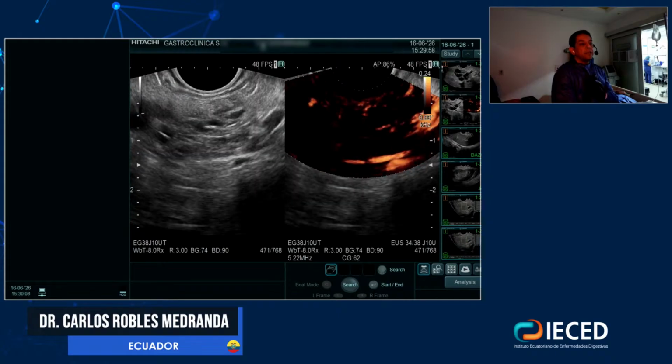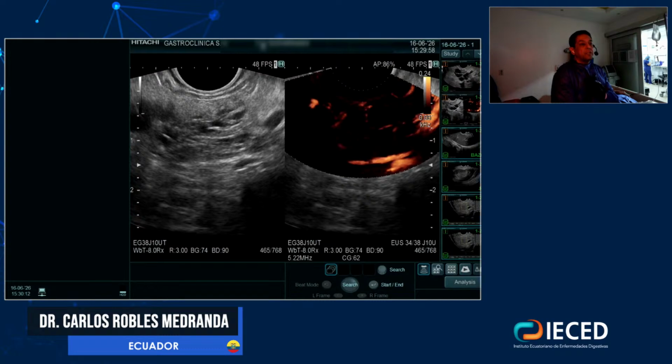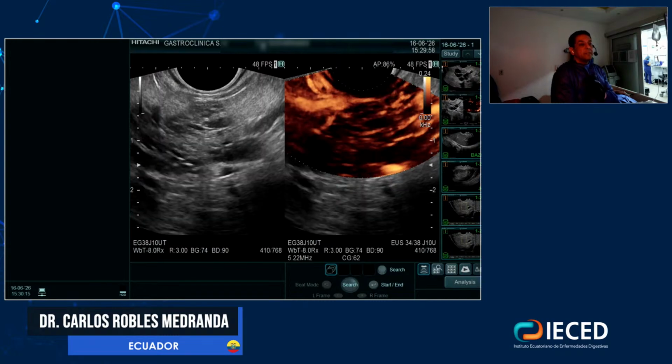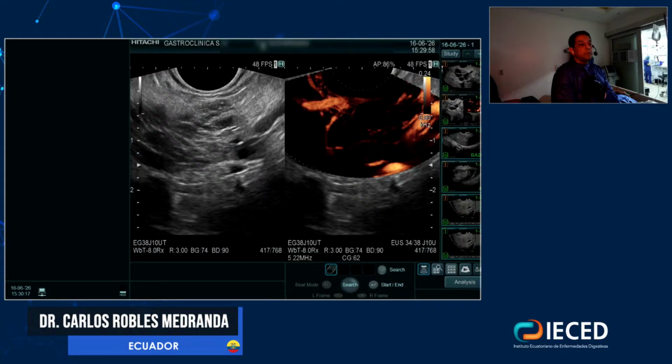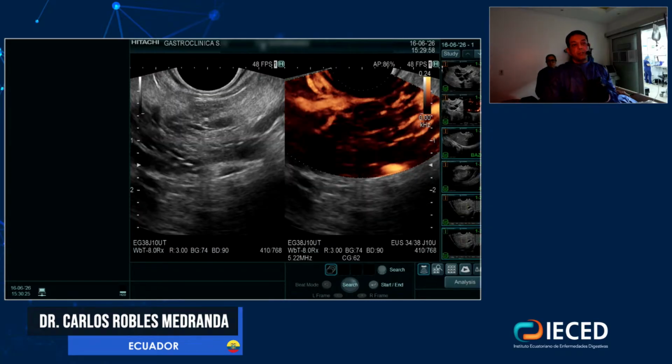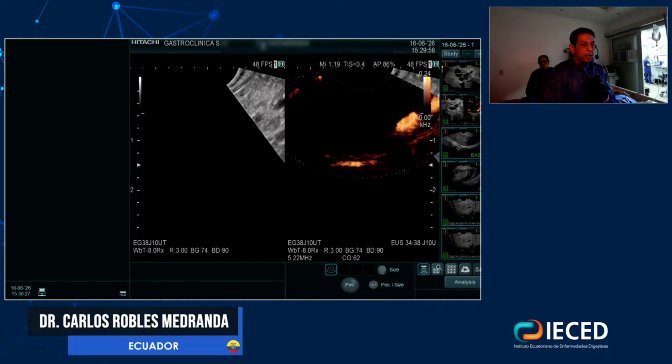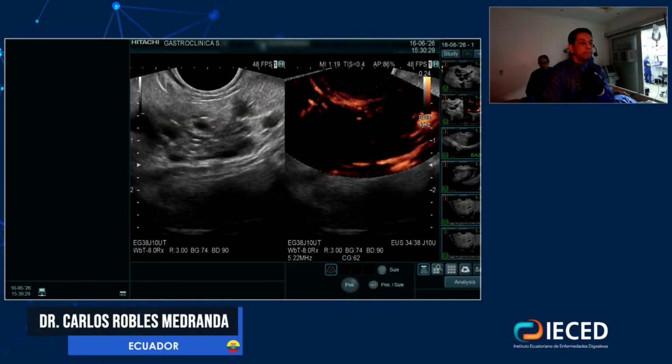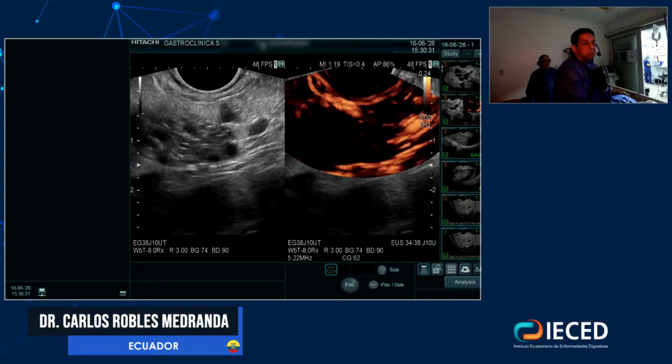And we come back, you see? You can see a lot of microvascularization in this area here, very well. And then you can see here, yes, but I don't know how many microvessels I am looking at during this procedure.